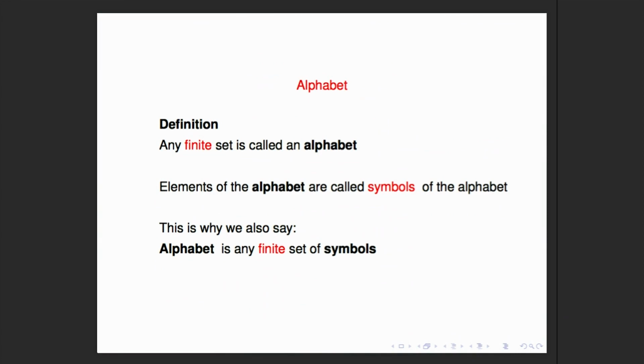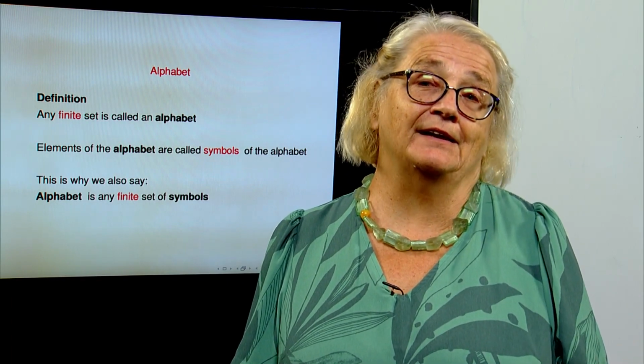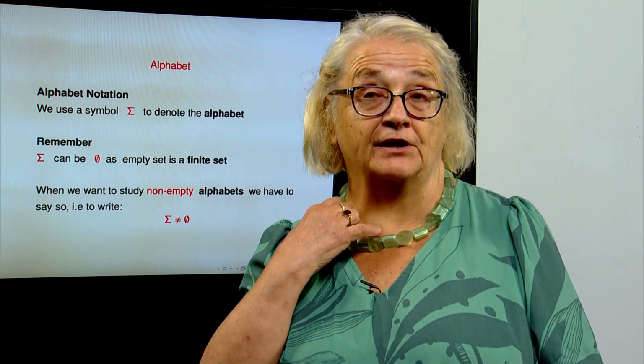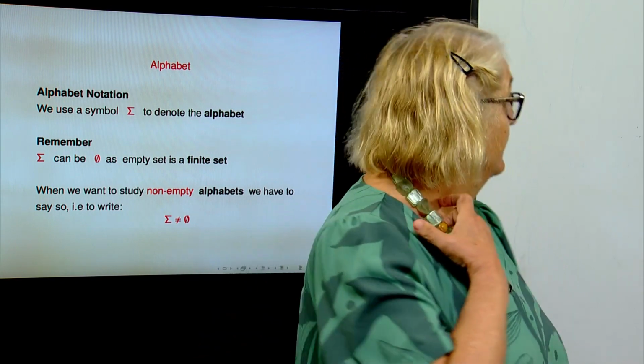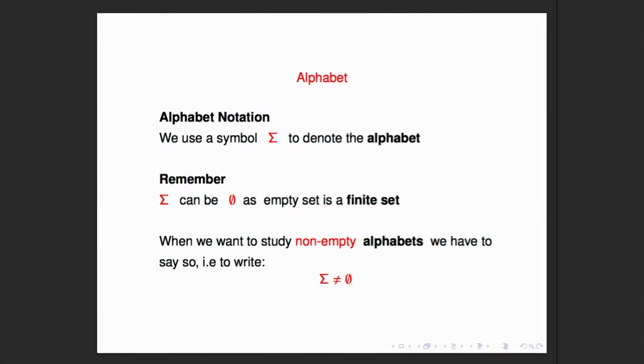Elements are called symbols of the alphabet, and that's why we say an alphabet is any finite set of symbols. And we have notation: we use sigma to denote an alphabet.